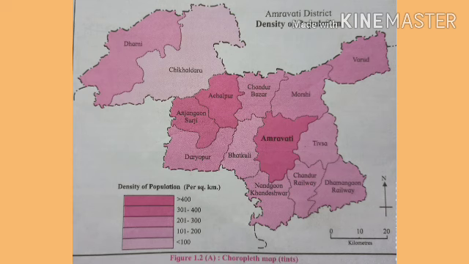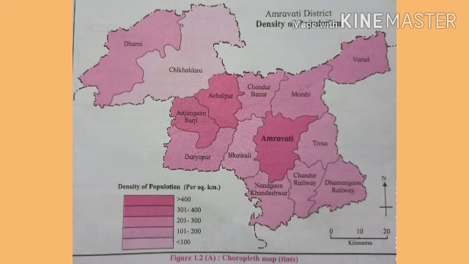In figure 1.2a, the population density map of Amravati district using color shades is shown. We can see that in Anjangaon Surji taluka, the population density is 301 to 400 persons per square kilometer, whereas the density of Amravati taluka is more than 400 persons per square kilometer.